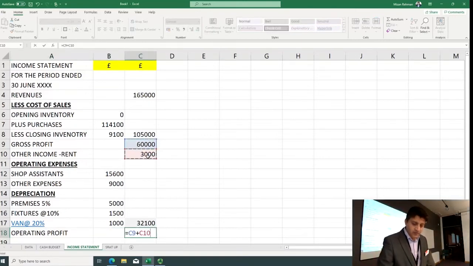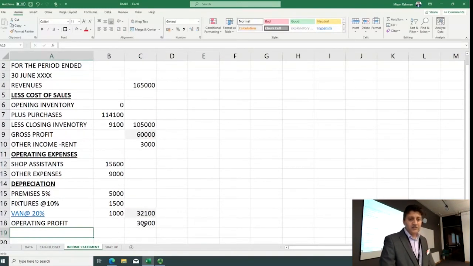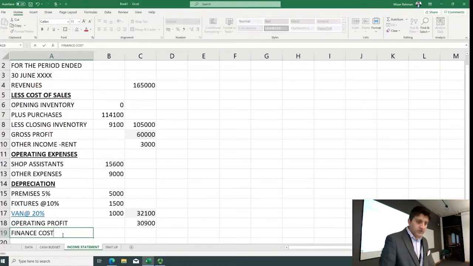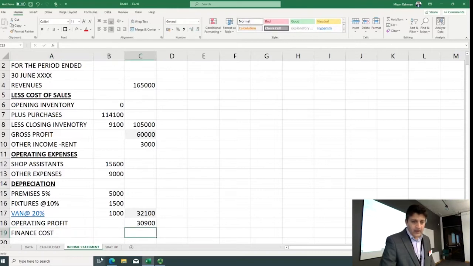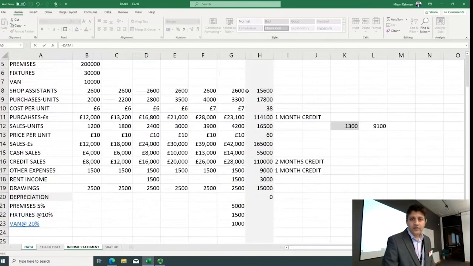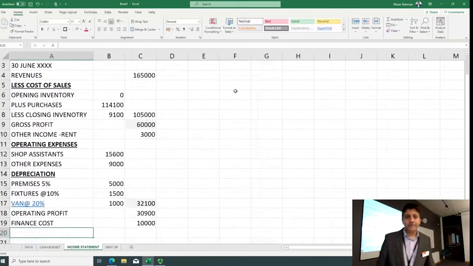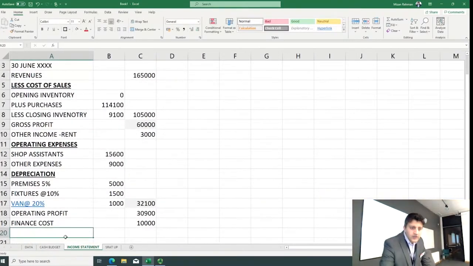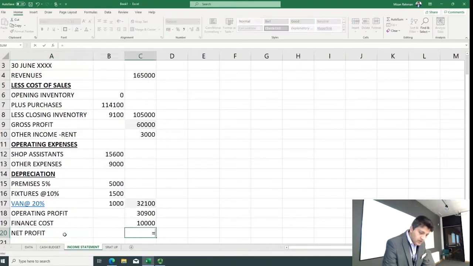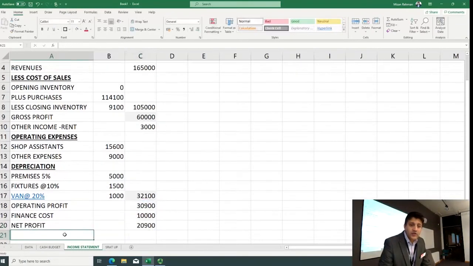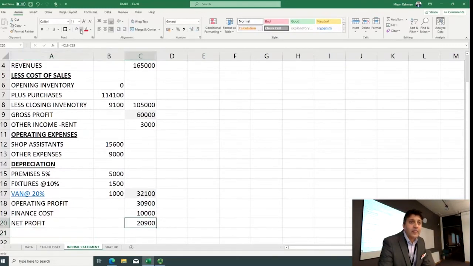GP plus other income minus operating expenses, 30,900, and then we have our finance cost, which is 10,000. Our net profit is 20,900.